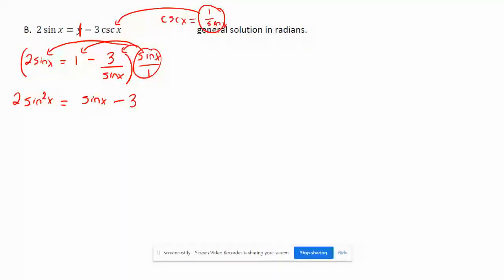Okay, so now we're just going to set one side equal to 0. And we're going to solve this by factoring.